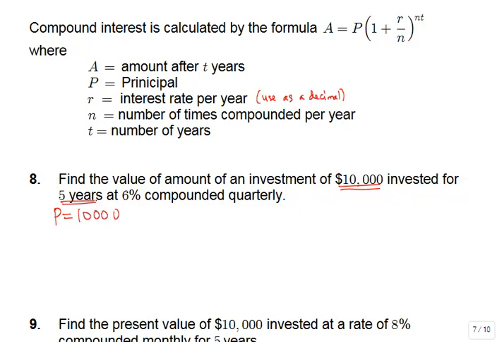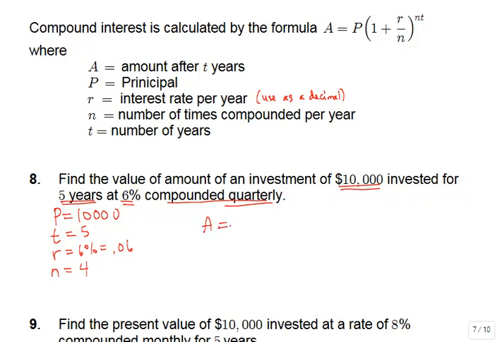We're investing it for 5 years, so our time, t, is 5. We're investing it at 6%, so that's your interest rate. But I want to use this as a decimal, so that would be 0.06. And it's compounded quarterly, which means we get interest added in 4 times per year. So our n, the number of compounds per year, would be 4.